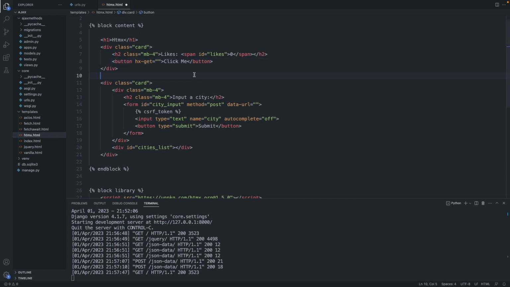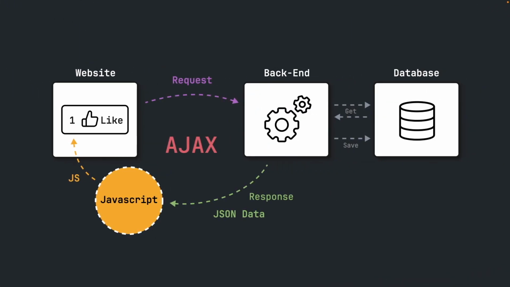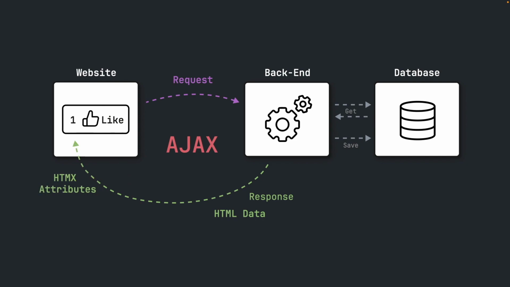So let's insert here our URL, and this time we are dealing with HTML data. So from the backend we're receiving HTML data now, not more a JSON file. So we have to create also a different method on the backend for this one. So if you look at our graphic here, the response is not more JSON, but we have a HTML data response. And the response will hook up with our Htmx attributes on the site.